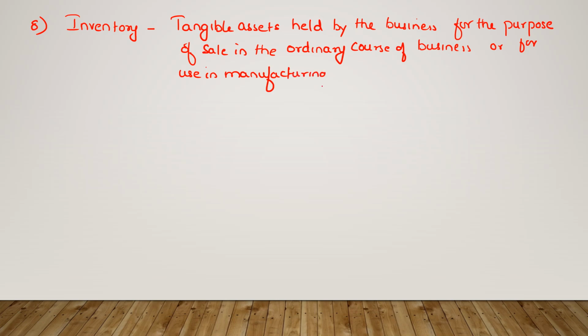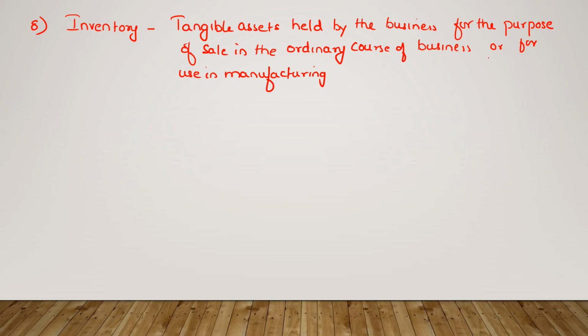So whatever tangible assets can be seen and felt and are held in the business for sale, like in our example those ready-made garments, which you can see and feel, they are tangible assets of the business. They are held by Smita so that in the normal course of activities of the business, she is going to sell them. She is reselling those goods.